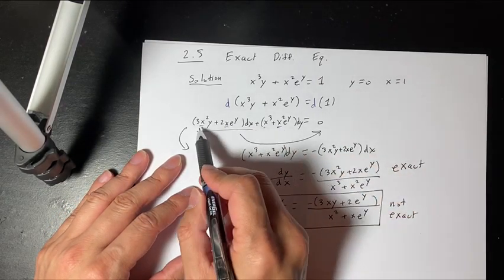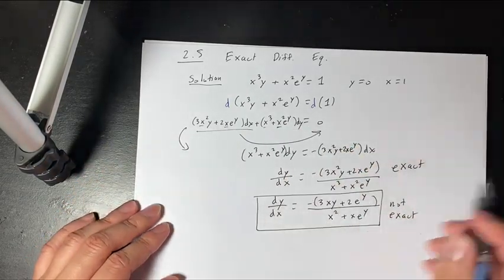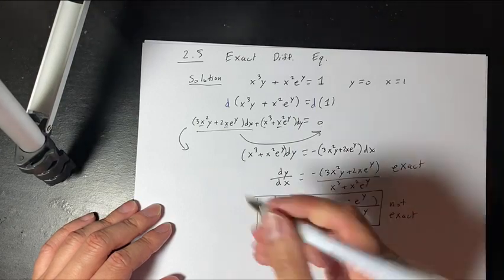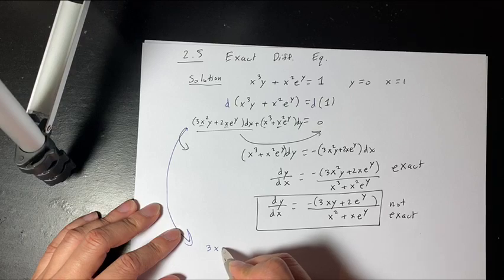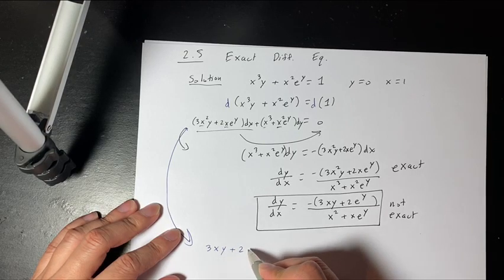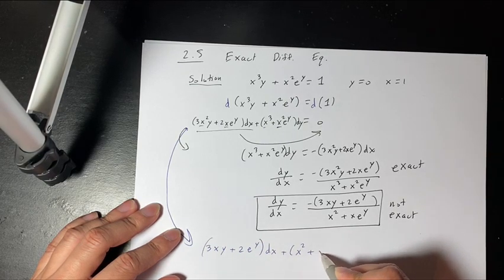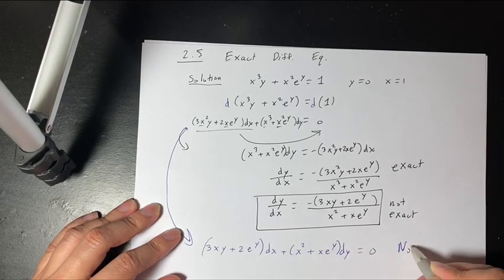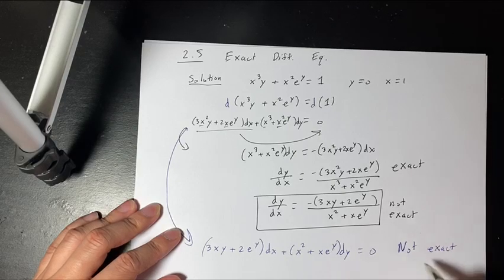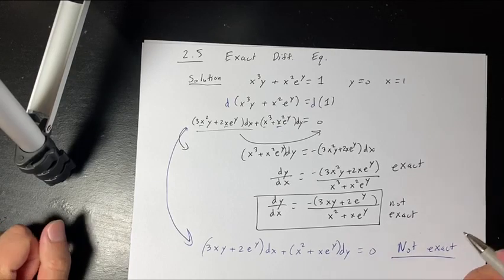I can divide the left side by x, divide the right side by x, and you get another form of this differential equation. And it's not exact, and that's because we're missing that factor of x.